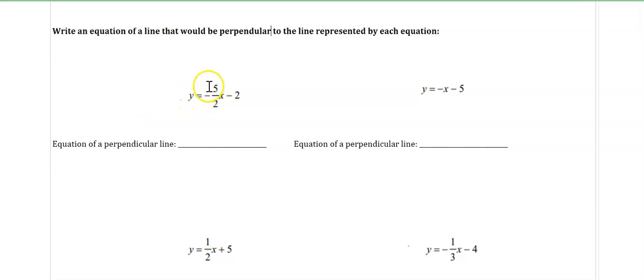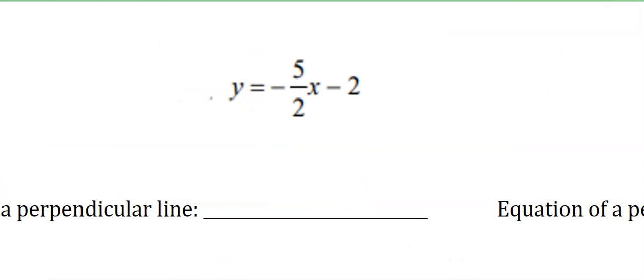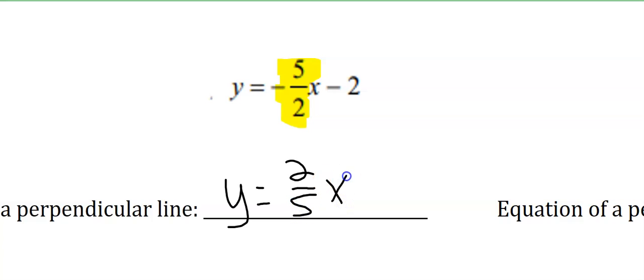Y is equal to negative 5/2 x minus 2. I need to switch my slope to be the negative reciprocal of negative 5/2. So doing so would be positive 2/5. I'm going to keep x, and then for your y-intercept, it can be anything. So I'm going to do plus 3. But the slope is what actually matters.